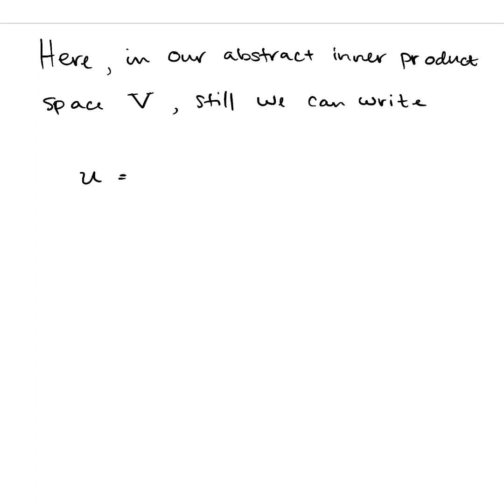And the way we do it is to just steal the multiple from the old Calc 3 setting, only we're going to write it not with dot product, but with inner product. So here's how you break u up into something parallel to v plus something perpendicular to v.